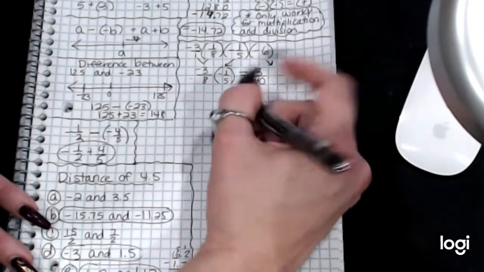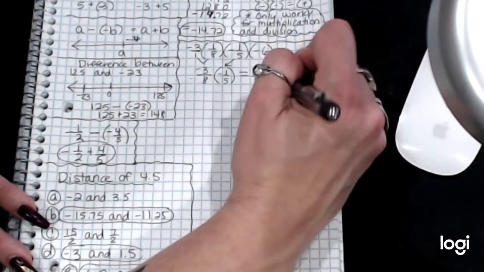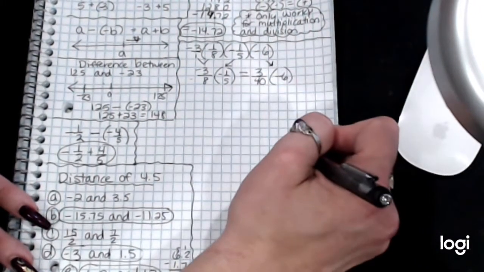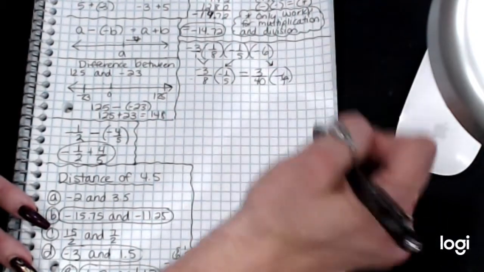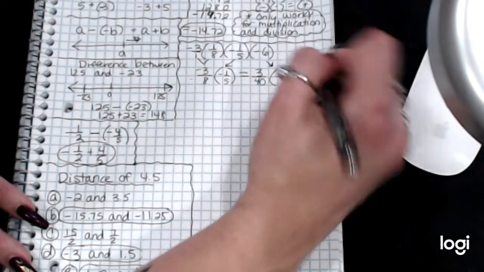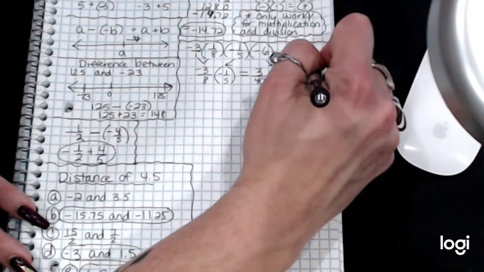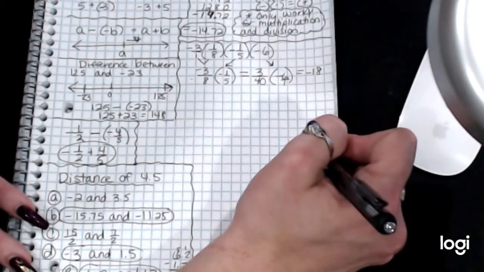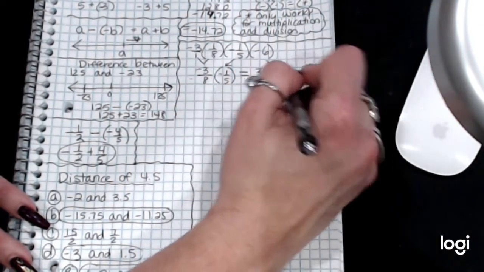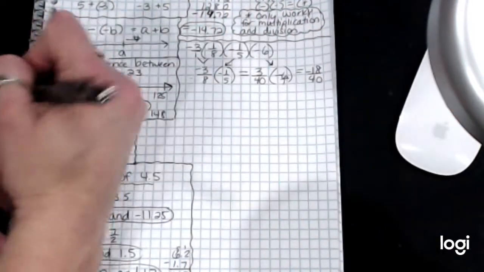Now we're going to multiply times the negative 6. Remember, it's the same as negative 6 over 1. 3 times negative 6 is negative 18. 40 times 1 is 40.